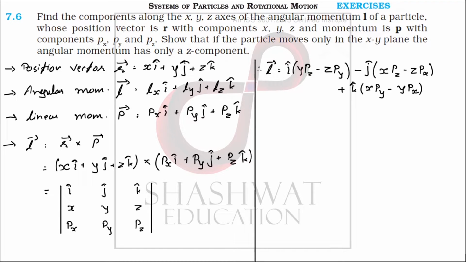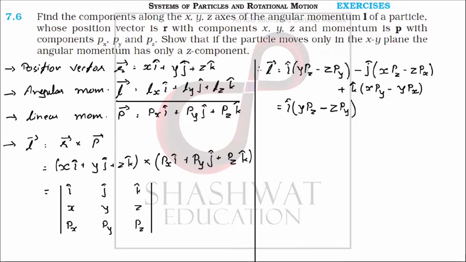So let's compare this equation with this equation of vector L, which is Lx i cap plus Ly j cap plus Lz k cap. So we can do one thing. Vector L is equal to i cap into y pz minus z py.